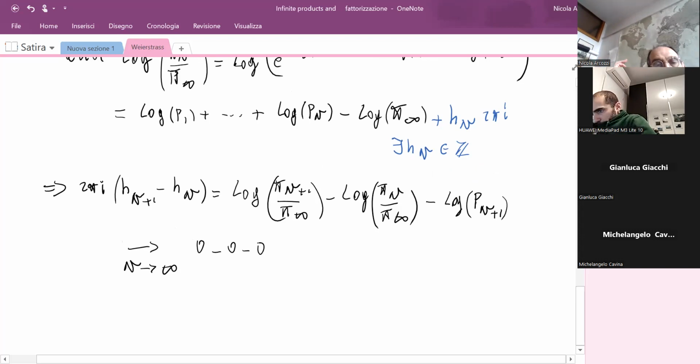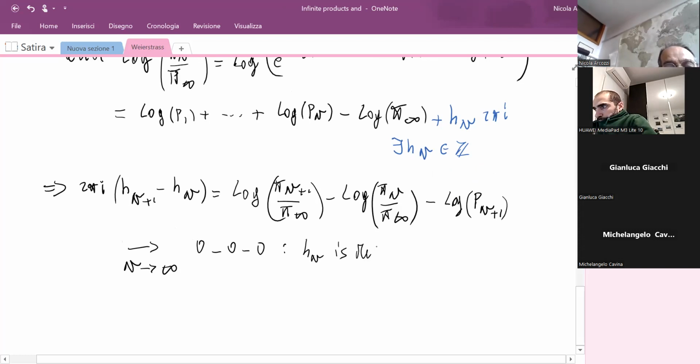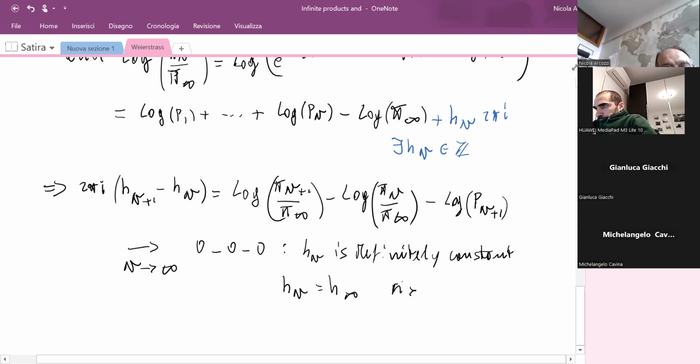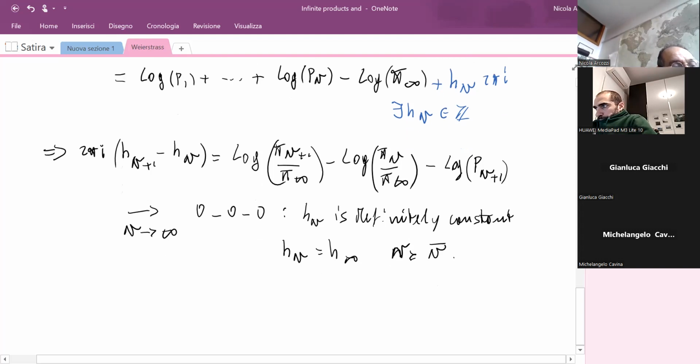Because all of these things go to 1. Which means that h_n is definitely constant, because it's an integer. So this h_n is equal to h_infinity for capital N greater or equal than something. Okay.